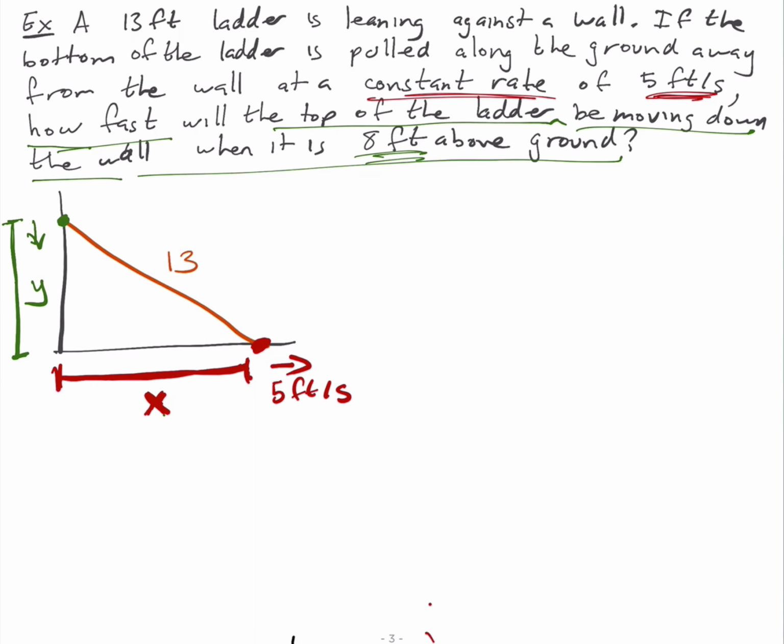All right. So, do you guys think that Y is going to change 5 feet per second as well, just like X is? Well, then we're done. There's nothing to do because that's the question. 5. So, done.